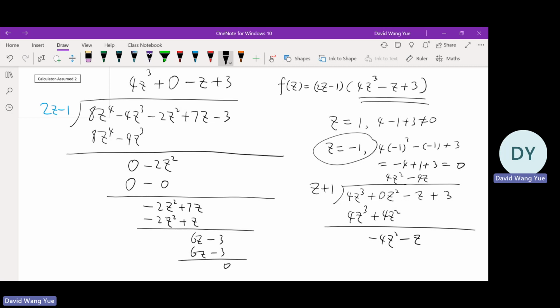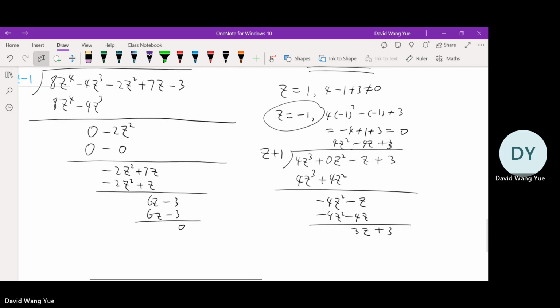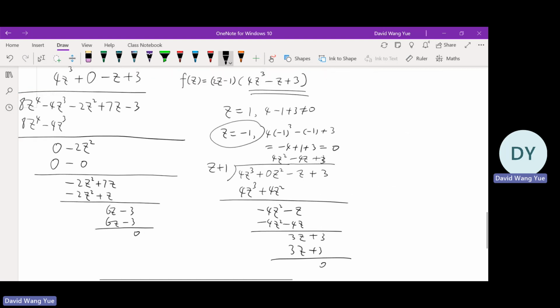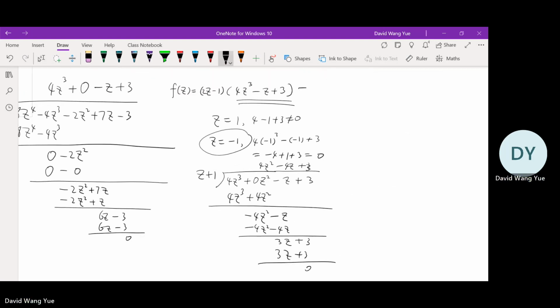Negative 4z squared divided by z, negative 4z. Negative z minus negative 4z, 3z. Okay, so we have 2z minus 1, z plus 1, 4z squared minus 4z plus 3.